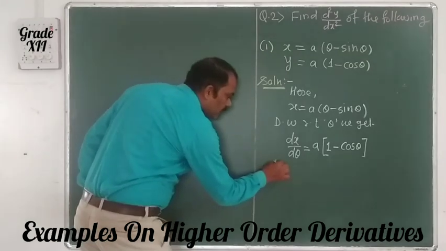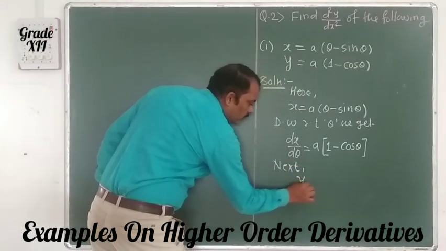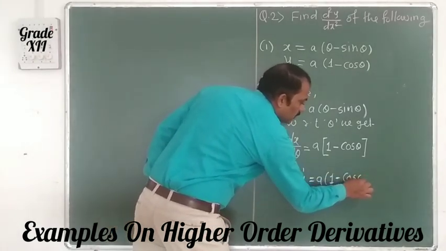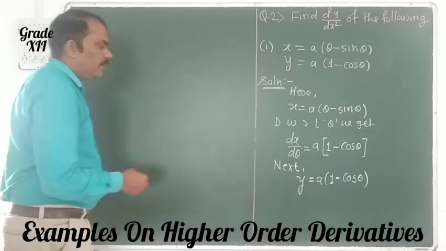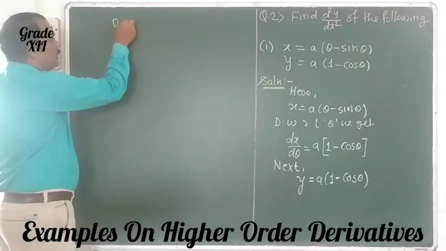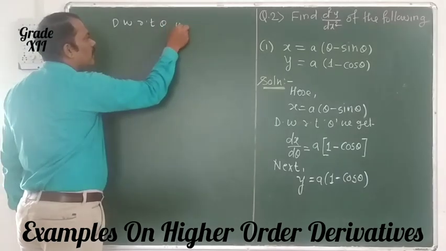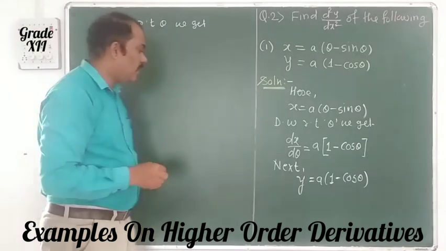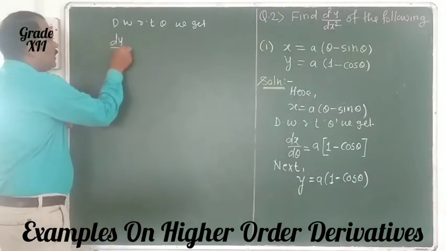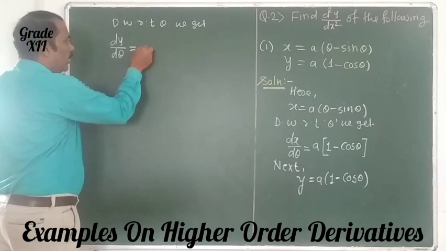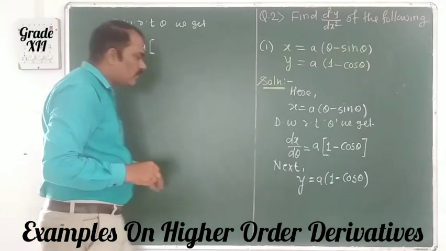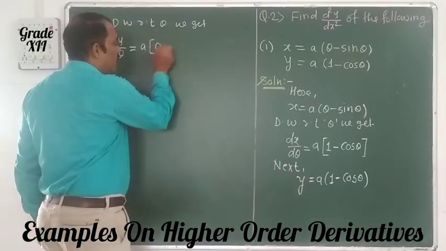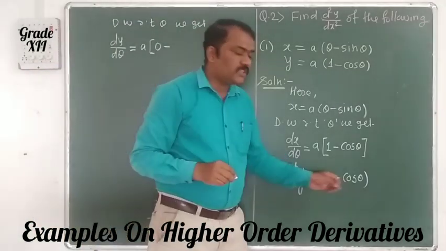Next we have to find dy by d theta. So next we consider y is equal to a into 1 minus cos theta. We have to differentiate this with respect to theta. Differentiating with respect to theta, we get dy by d theta is equal to a into bracket, 1 is a constant, its derivative is 0, so 0 minus what is the differentiation of cos theta?